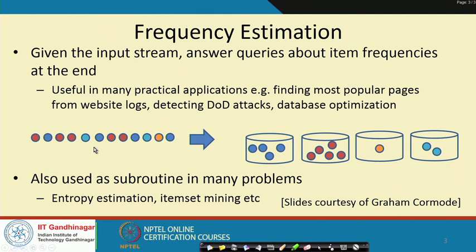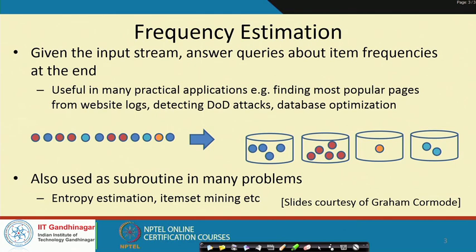At the end, you have to answer the question: given a particular color, how many balls have you seen of that color? For instance, if I give you the color turquoise, you have to say that I have seen 2 balls of this color, or red, I have seen 5 balls of this color.